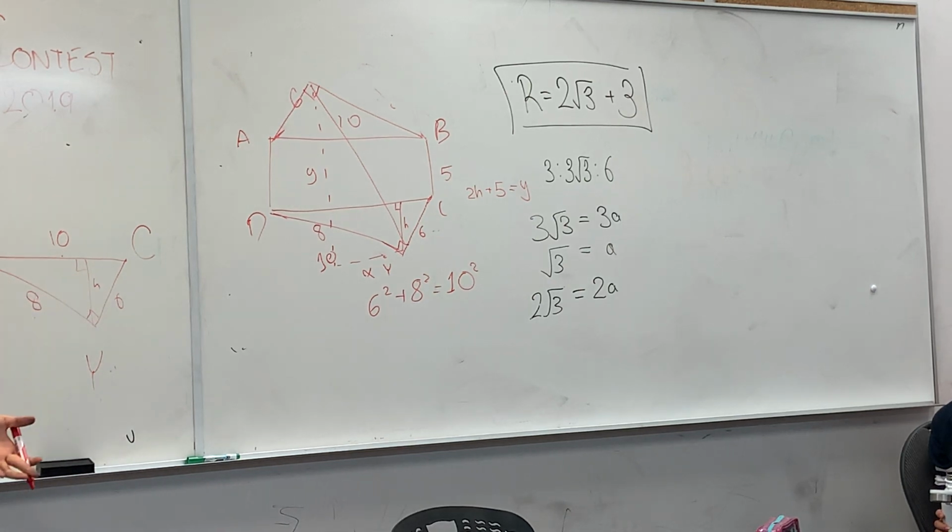And obviously the area of the triangle is always going to be the same. This base is DC, which is 10, times h over 2. And now we just solve for h. So multiply both sides by 2, divide both sides by 10, and you get h is equal to 8 times 6 over 10.